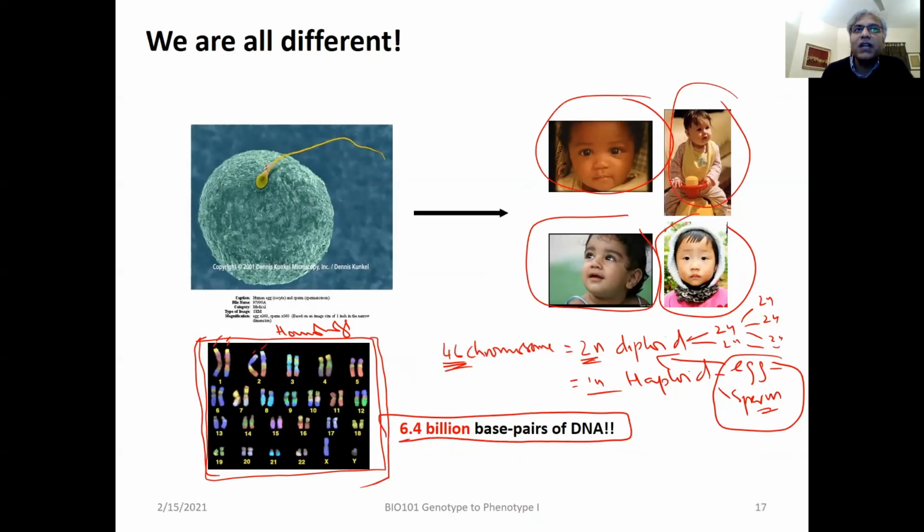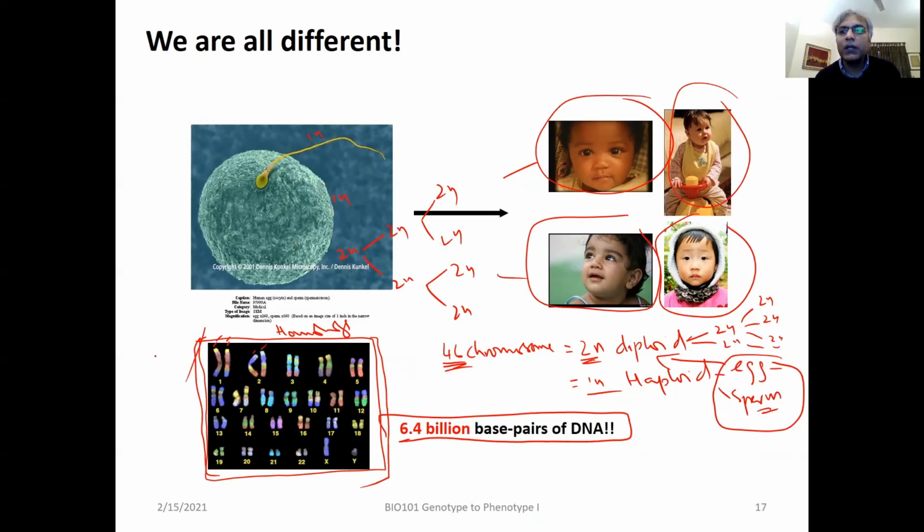This is where our life starts. A sperm, a haploid cell, and a haploid oocyte fertilize, it now becomes 2n, and it starts dividing mitotically. We'll talk about mitosis as well. 2n, 2n, 2n, and we grow like this. Okay. Mouse has its own number of chromosomes.